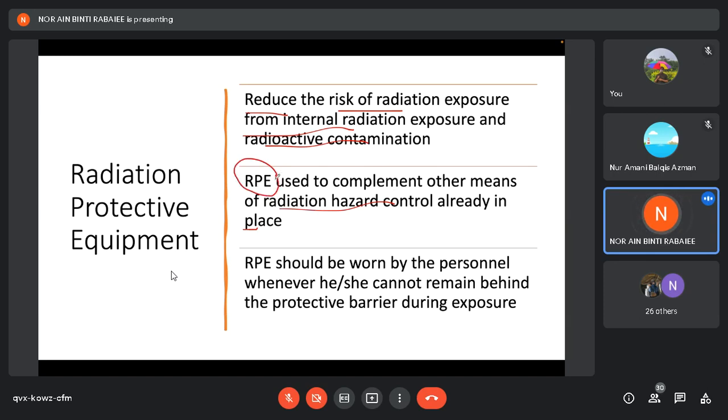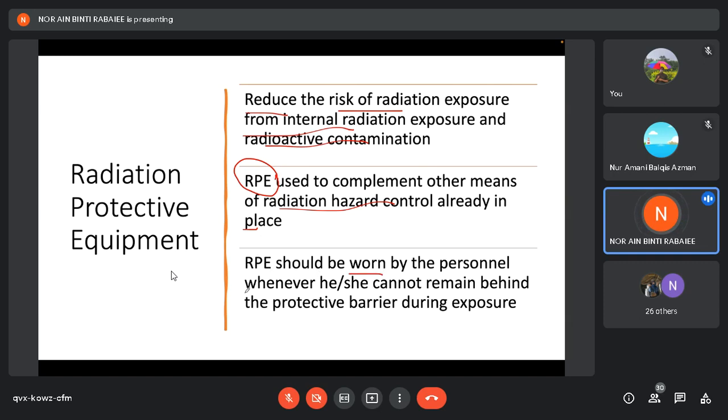This doesn't mean that if you use RPE you are totally safe, if you do not apply the basic principles of radiation protection, the ALARA principle, which is time, distance, and shielding. So even when we use radiation protective equipment, we still have to apply the ALARA principle in every procedure, in every task.